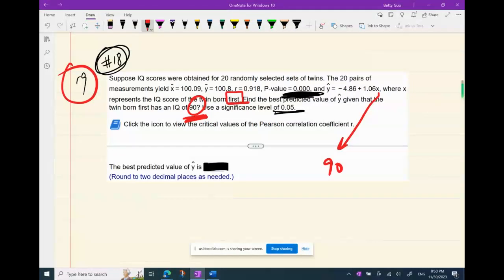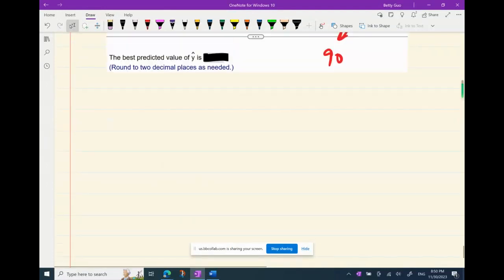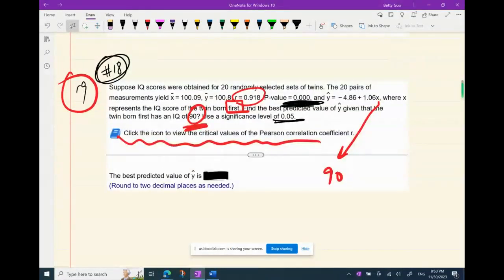So the p-value is really low, but do you also look at R because R is so high, is that another test of it being good? Okay. Exactly. Thanks. They should be consistent. They should give you the same result. That's why they give you the critical value table. Yeah, I did not copy that. So for this question, you simply just plug in x equals 90 to find the result.